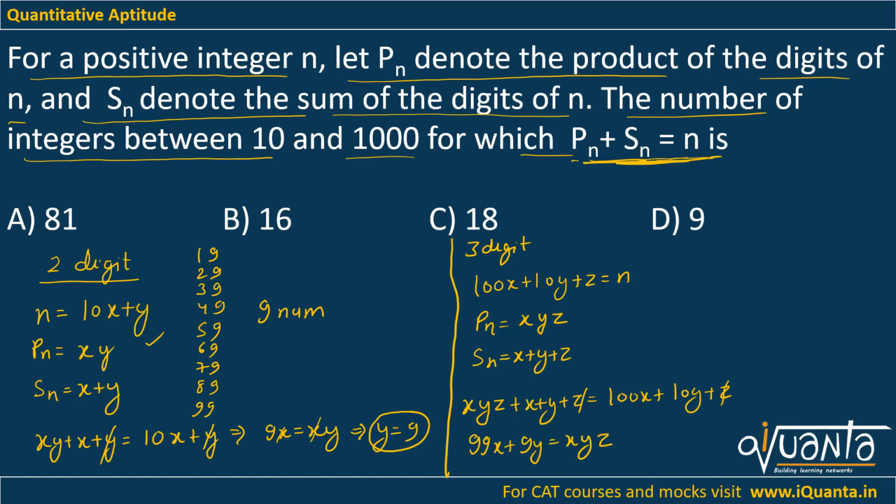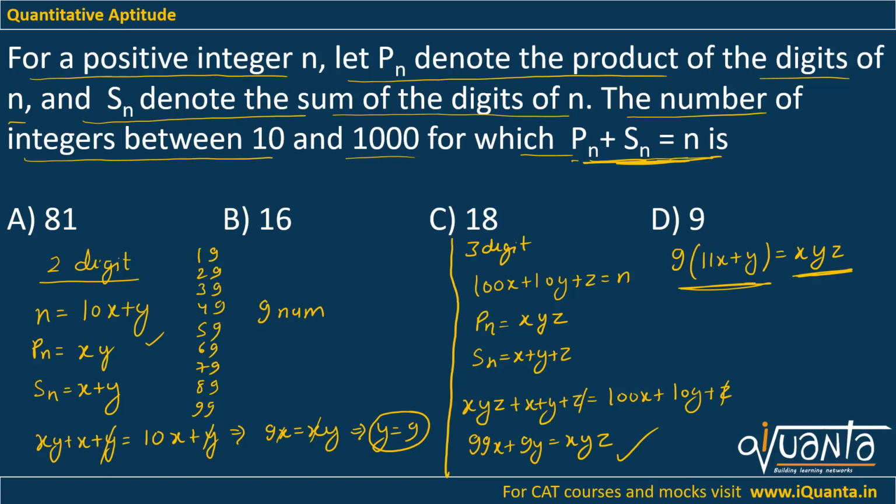Now we need to find the values of x, y, z that satisfy this equation. We can further write this as 9 times (11x plus y) equals xyz. So this clearly means that xyz is a multiple of 9.